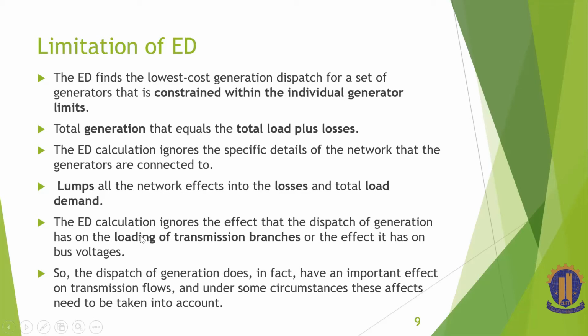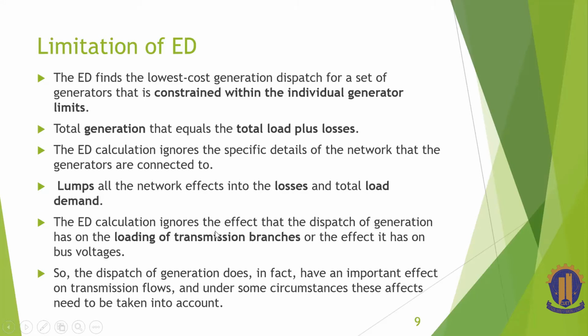Another thing is that we consider the bus voltage in this particular case to be unity, but practically it is not. The bus voltage changes and should be regulated within certain limits by using a voltage regulator.